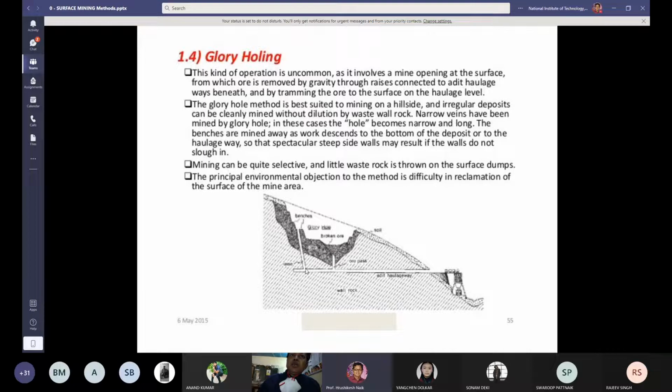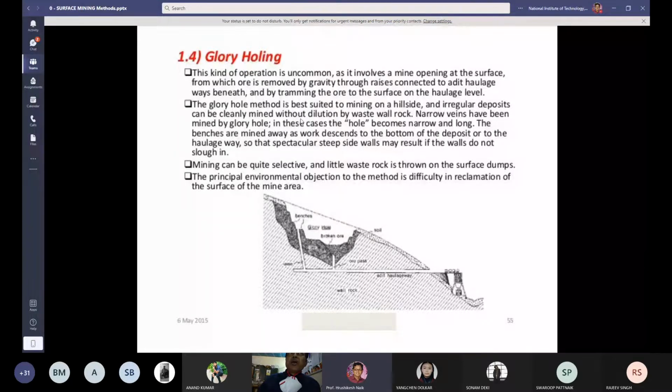The mineral will flow downwards because of the gravitational pull through ridges. These holes are also called ridges, connected to the adit haulage, the horizontal adit haulage, and by tramming the ore to the surface on the haulage level. So this is the method of glory hole mining.